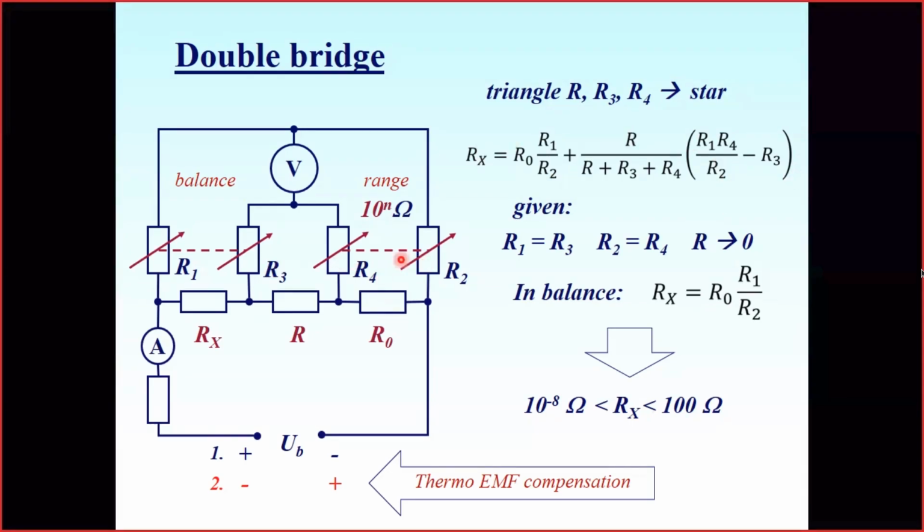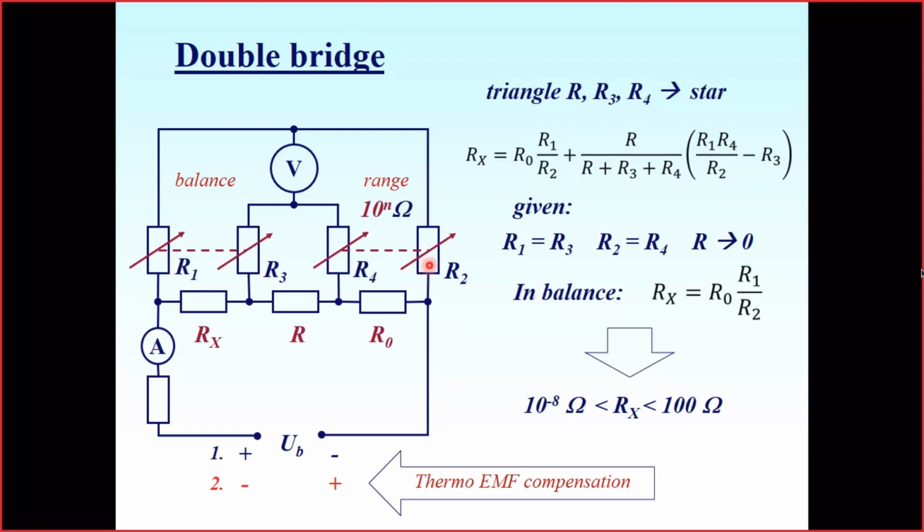Technically, very often R1 and R3 are taken the same, and R4 and R2 are taken the same. Then we balance this bridge, and when it's balanced, we get that Rx is equal to R0 divided by the ratio between R1 and R2.